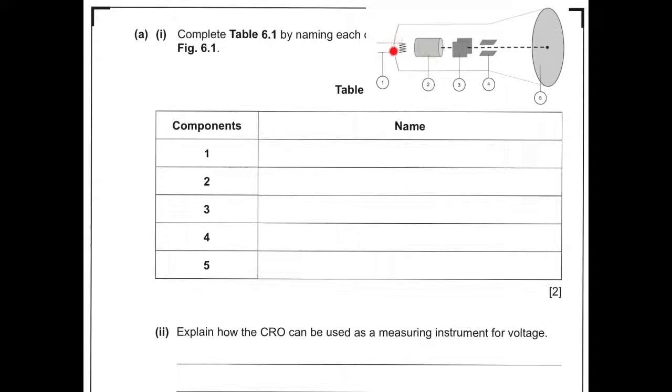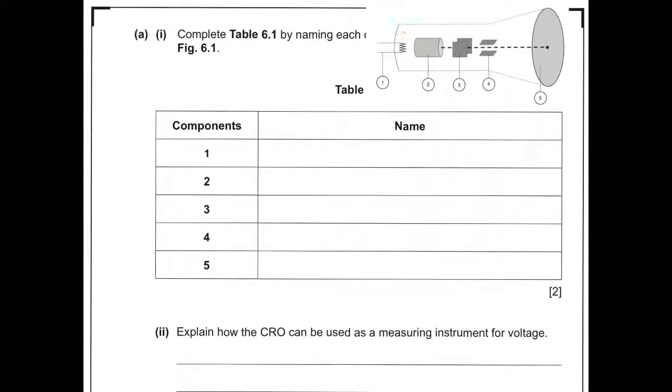So this is your filament for producing a hot cathode so that we can produce electrons by thermionic emission. This is your anode, your positive anode, or you can call it electrode if you want. And then we have our deflecting plates. 3 are the X plates, they deflect in the horizontal direction, and 4 are the Y plates, they deflect in the vertical direction, and 5 then is a fluorescent screen.